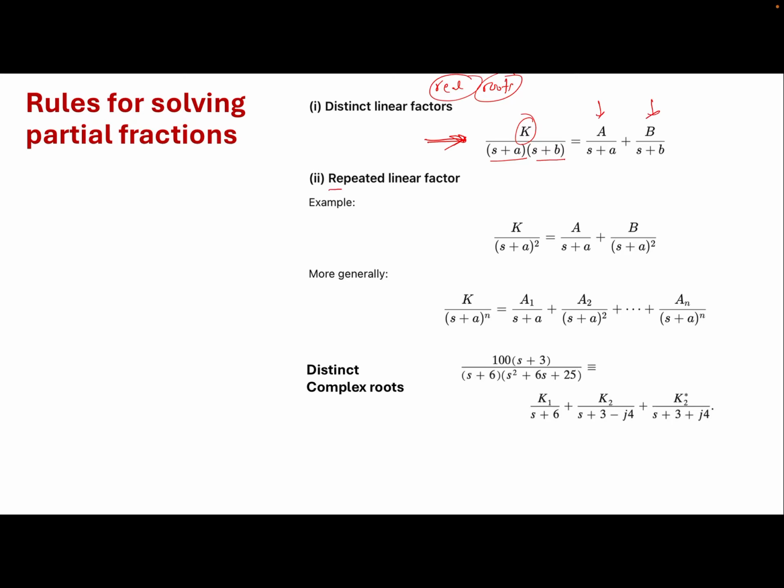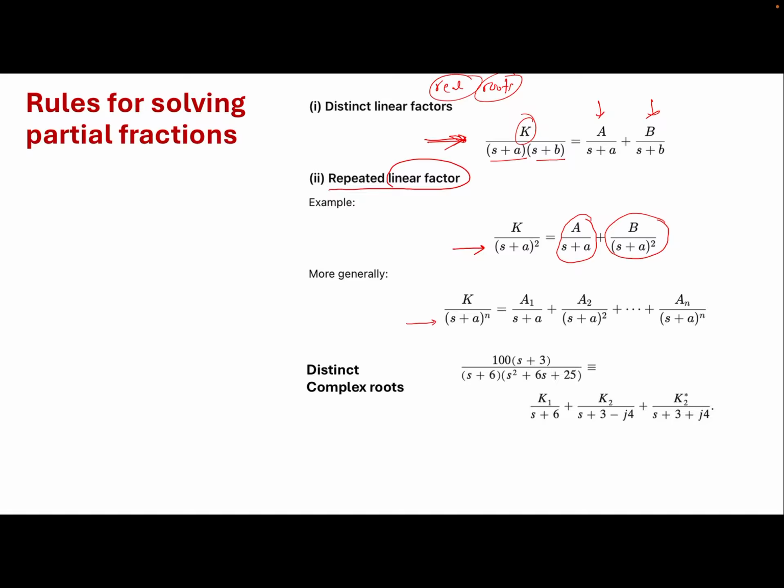If you have a repeated linear root, for example s plus a squared, and we're going to do an example today, the way to expand would be a constant A over s plus a, then you increase the power, B over s plus a squared.